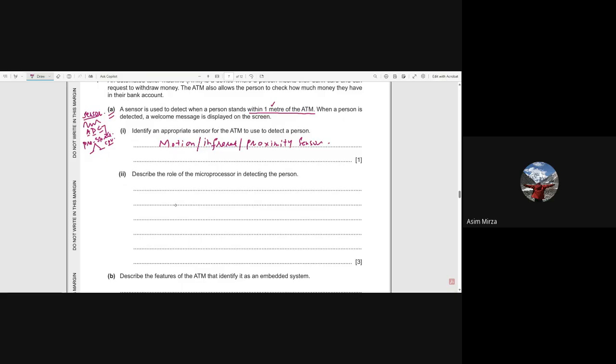The CPU receives the data from sensors in analog form, and then this data is supposed to be converted into binary form, so that the computer can understand it, through the ADC, right? Okay.